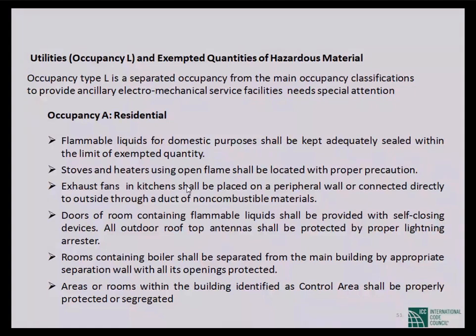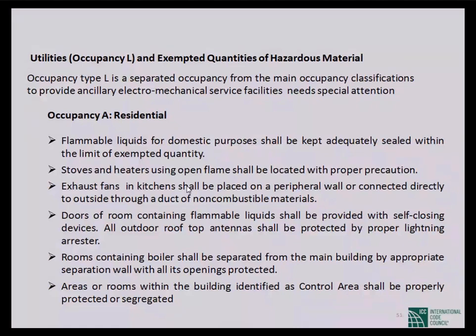Depending on the type of occupancy, you need some special limitations. So every occupancy has different types of utilities and conditions; it is different from occupancy to occupancy. So you have to be careful when you are using utilities for different types of occupancy.